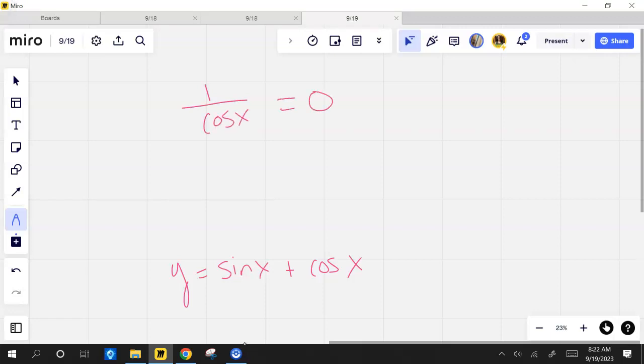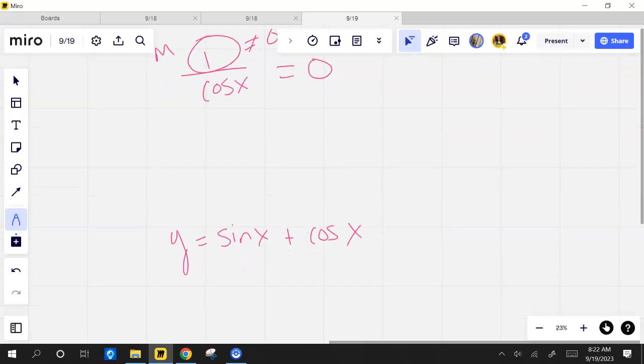When will that equal 0? That's the big question because that's what it means. If this is the slope, when will the slope be 0? Well, it can never be 0 because this can never be 0. The only way to make a fraction equal to 0 is if the top is 0. If the bottom goes to 0, which it could, that doesn't make it 0. That makes it undefined.